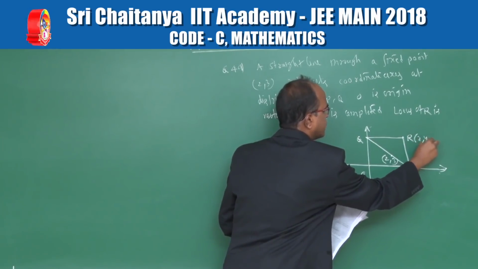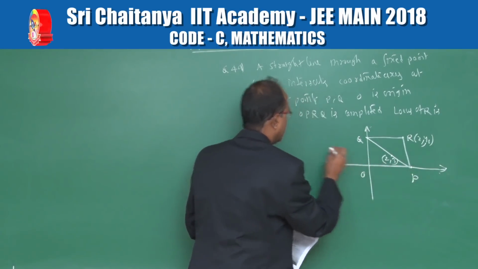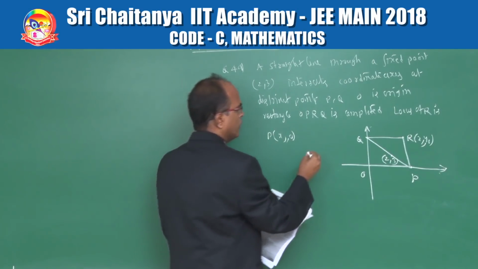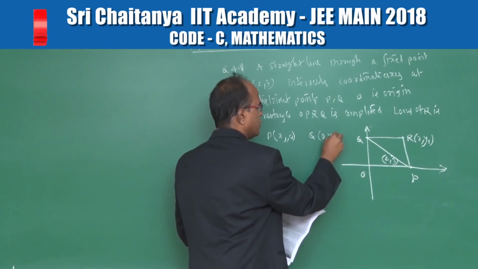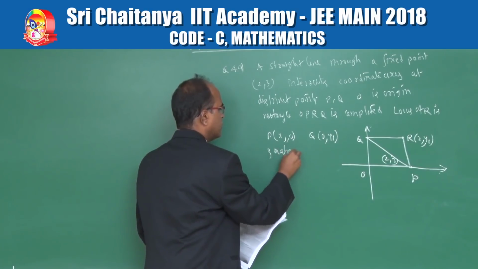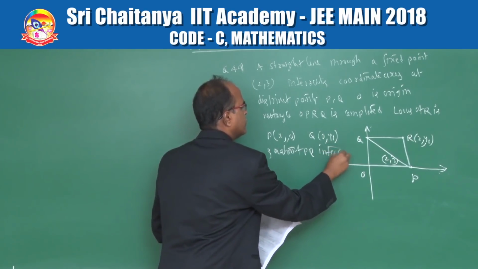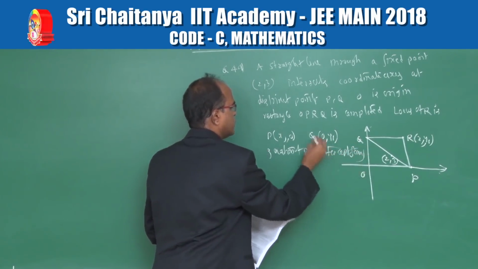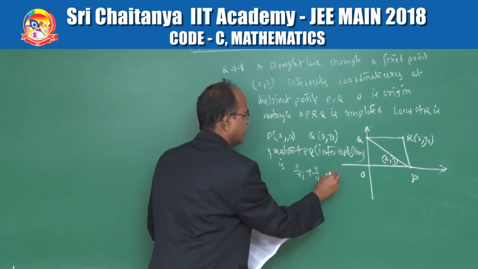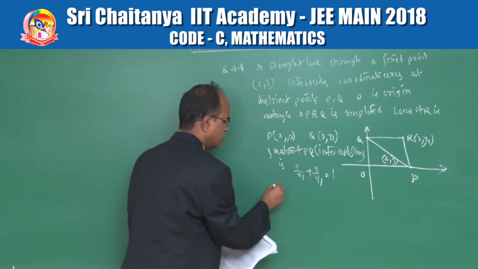Therefore, take R as locus point (x1, y1). Then the P coordinates will be (x1, 0) and the Q coordinates will be (0, y1), and the equation of PQ in intercept form is given by x/x1 + y/y1 = 1, and this straight line is given to be passing through (2, 3).